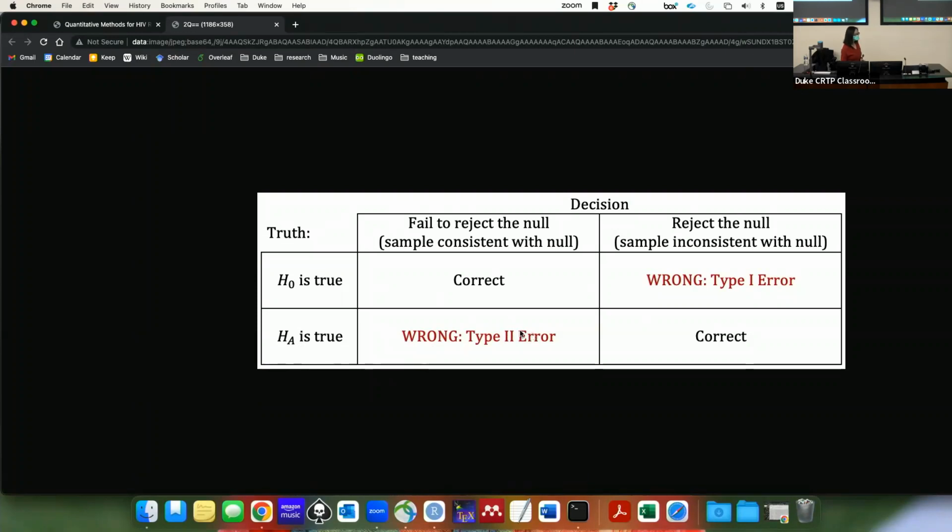Because we treat the null and the alternative asymmetrically, we also treat type 1 and type 2 errors asymmetrically. Those two come in together. We want to make type 1 error as small as possible. So later, when we talk about statistical testing, we are going to make sure that type 1 error is controlled below a level, and we'll go with the test that has type 2 error as small as possible.